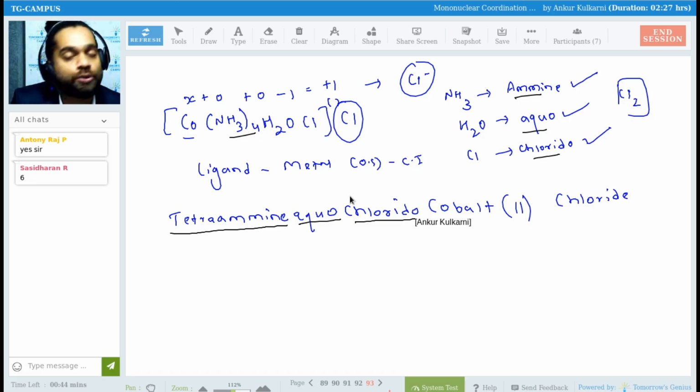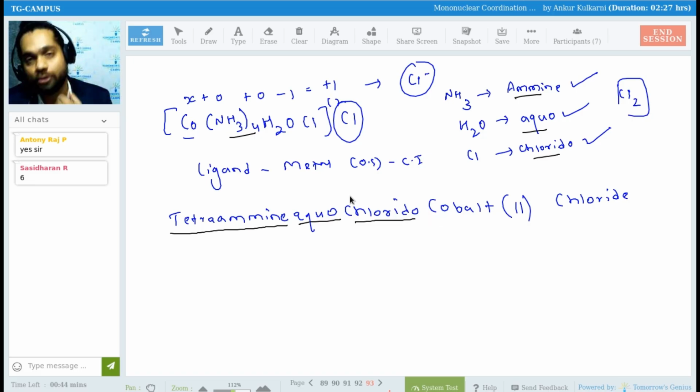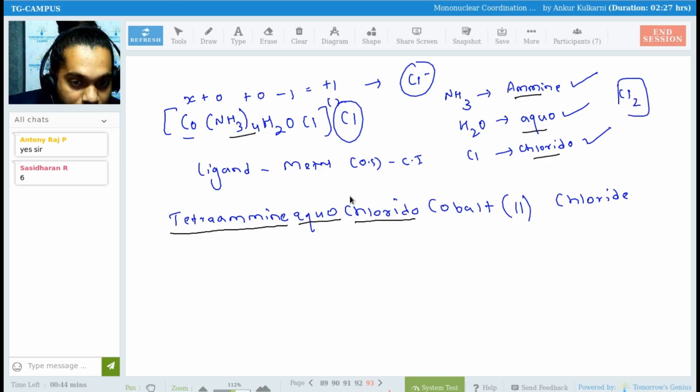So over here, I'll write chlorido, then cobalt 2 chloride. Are you getting it, Sajna? I got it. Why did you get confused? Nice way to get confused. Impressive, because I have only written tetra, so you thought everything should be hexa. Okay, but I am talking about individual ligand. Are you getting it, Sajna?